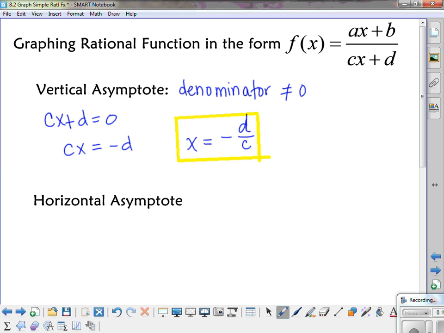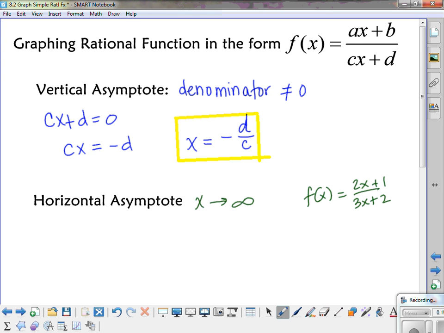Now, when we're talking about the horizontal asymptote, we're thinking about what's happening as x approaches infinity. So as x goes to infinity, are b and d going to make much difference? Let me just do a specific example. Suppose I have f of x equals 2x plus 1 over 3x plus 2.